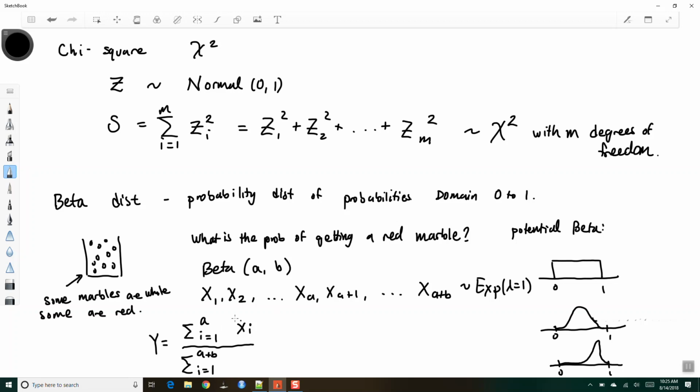So you are summing a subset of all the values you generated from the exponential, and this will come from a beta distribution with parameters a and b.